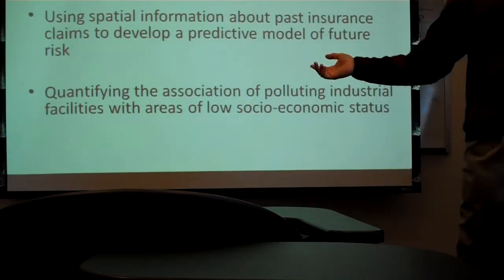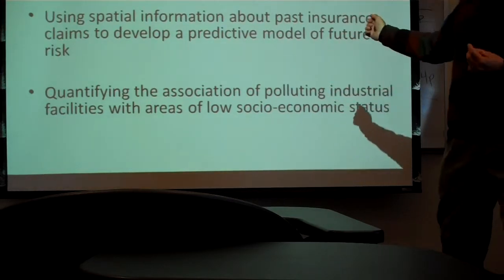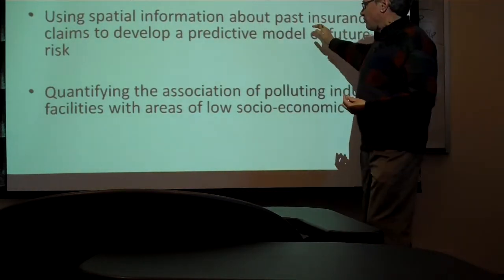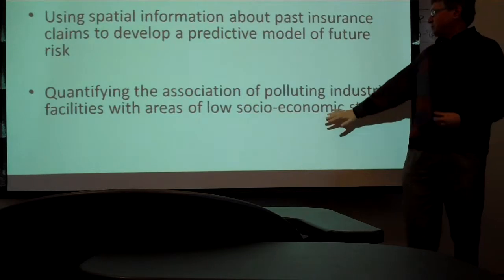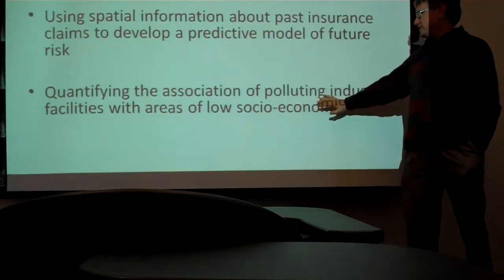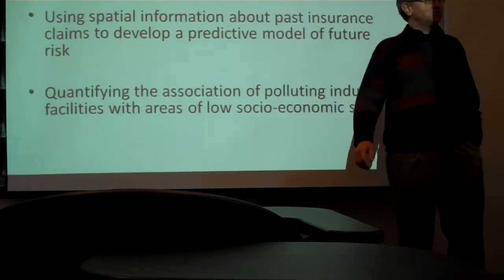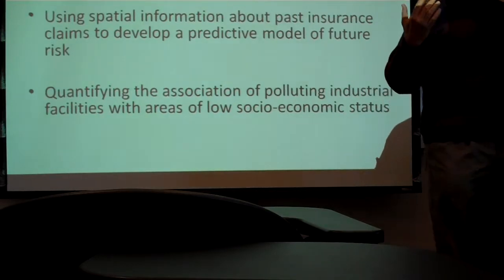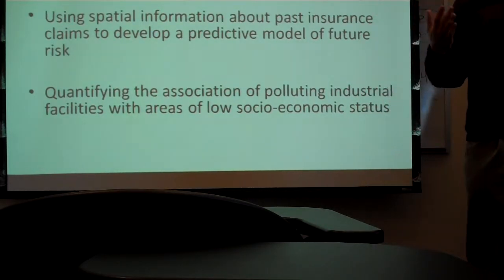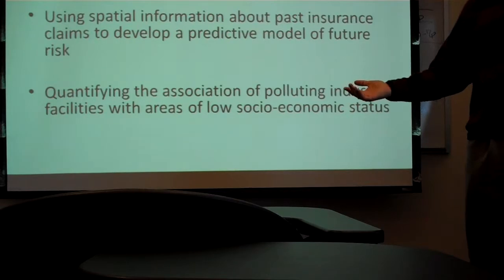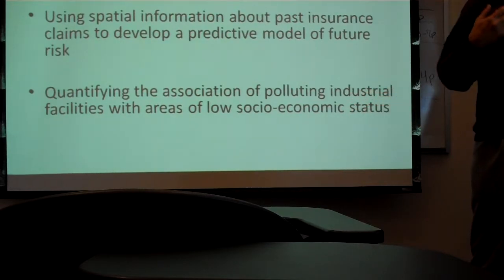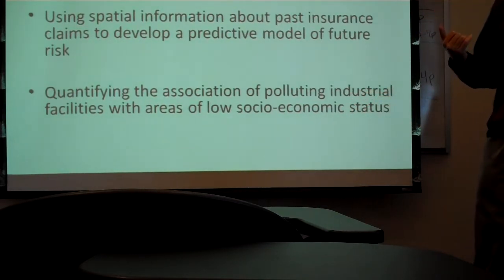And this is actually a problem that Giuliano has. Or we might have information on the location of polluting industrial facilities. We want to see to what extent those are associated with areas of low socioeconomic status from a sort of environmental justice perspective.